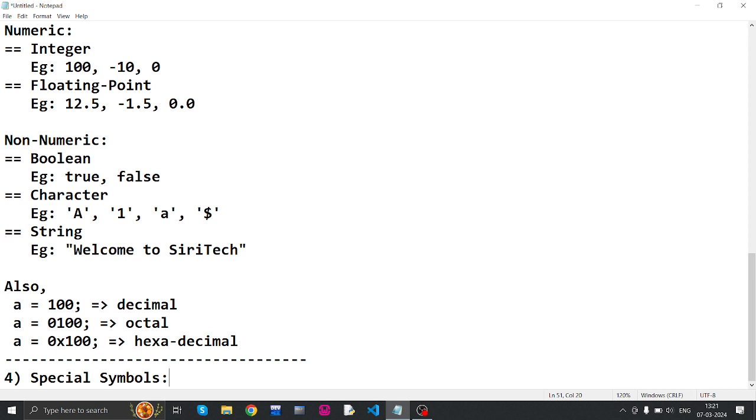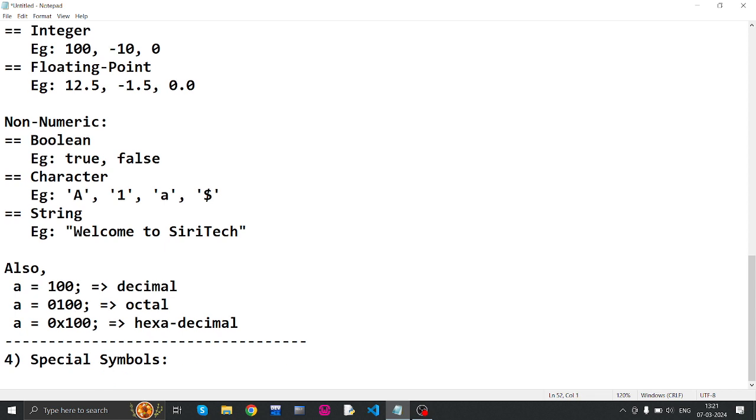While writing the program statements, we can use some special symbols here. What are special symbols? In C programming, we can use different types of symbols for different purposes. So, what are they? Let's see one by one.